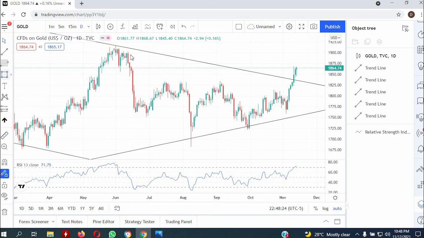Now this area right here should offer some resistance.